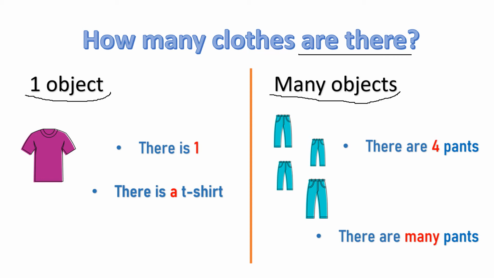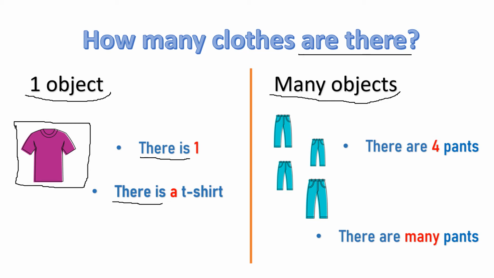In the part number one, we can answer, there is one. Or we can answer, there is a t-shirt. Para responder cuando solamente hay un objeto, como lo muestra la imagen, t-shirt, solamente hay uno, podemos usar dos respuestas.